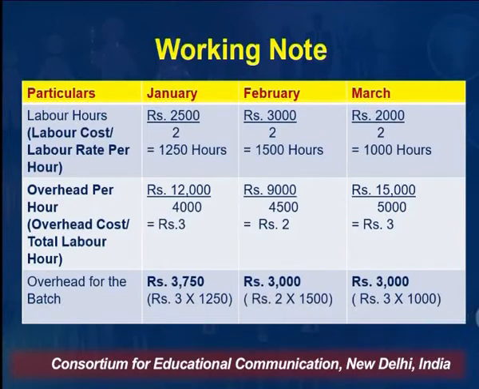I have simply divided the labor cost by the labor rate per hour. So 2,500 is the labor cost divided by the labor rate per hour to arrive at labor hours, and I found that 1,250 is the labor hour for January. For February it is 1,500 hours, and for March it comes to be 1,000 hours. So I have computed the labor hours for all 3 months.